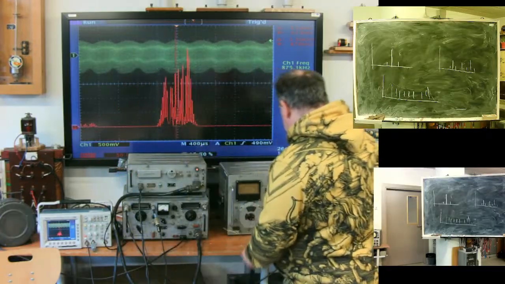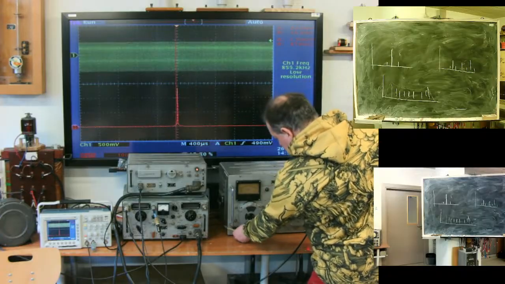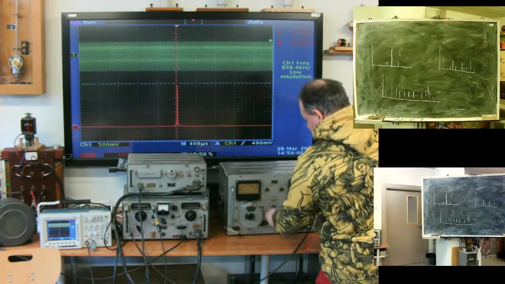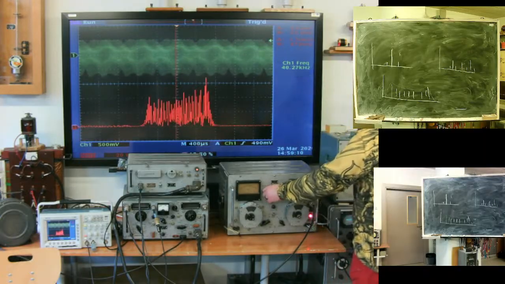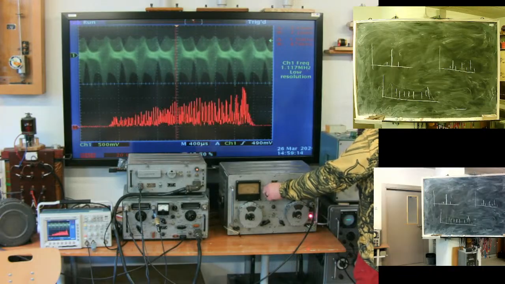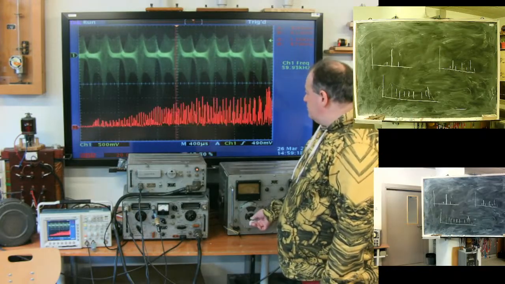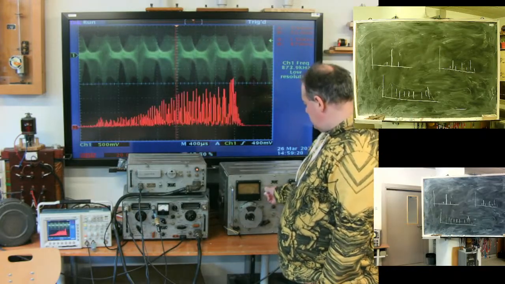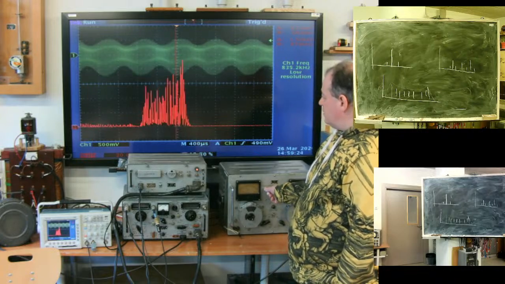I will compress the picture, 1 second. I need a more powerful modulating signal source. See what happens? Keep it asymmetric. Overrange.